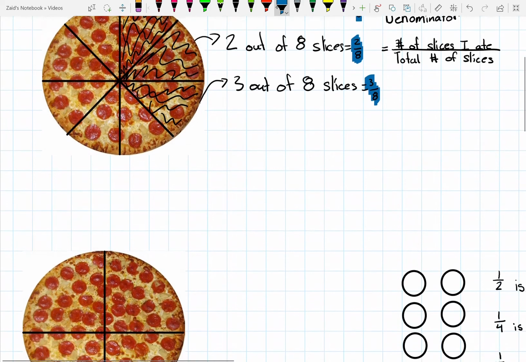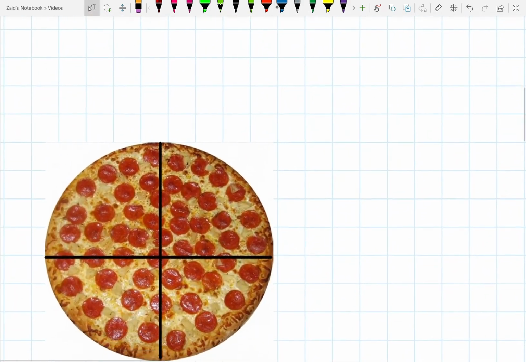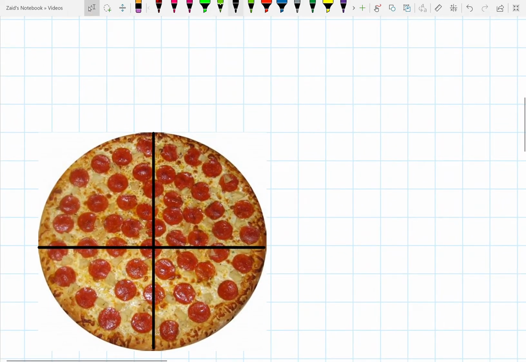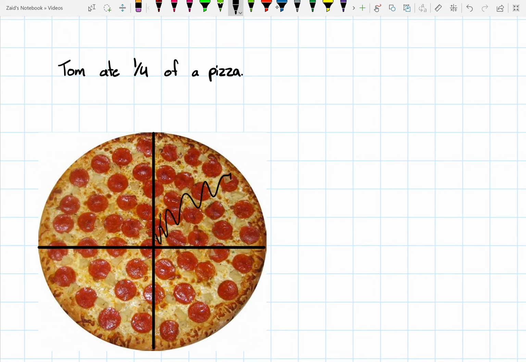Now, if I had just a statement that said, Tom ate 1/4 of a pizza, and they just wanted me to show how much he ate from a picture, what I do is I try to indicate how much he ate.